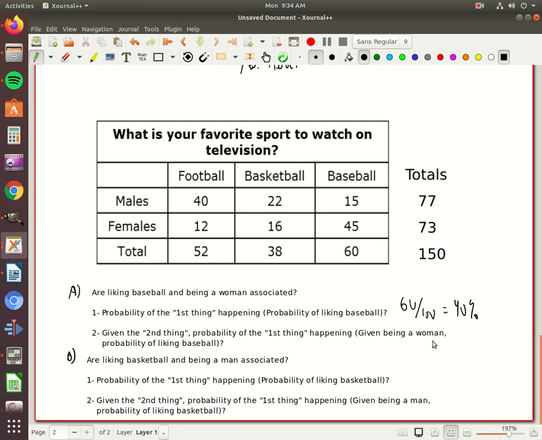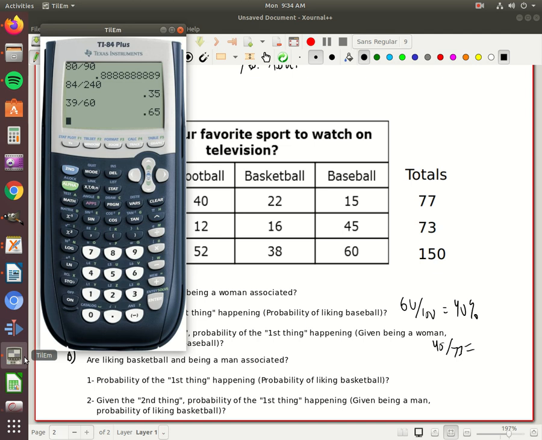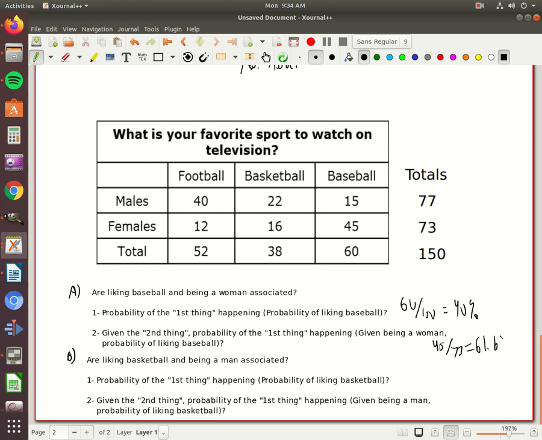It looks like 45 out of 73. 45 divided by 73 is 61.6%. So yes, there's an association. Women are, according to this data, more likely to like baseball.